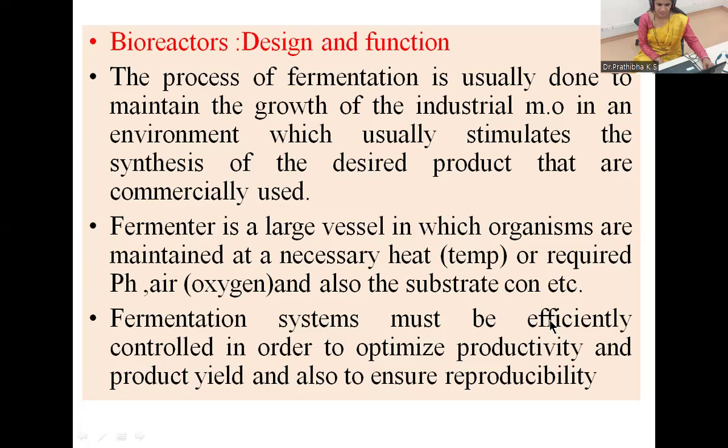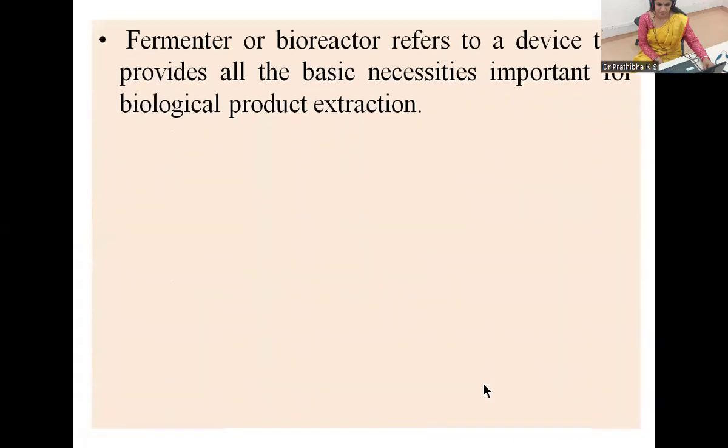Fermentation systems must be efficiently controlled in order to optimize productivity. This optimal control is very important to obtain a good yield of product, and also to ensure reproducibility. So all this matters a lot in the fermenter vessel, while designing and also during the process.